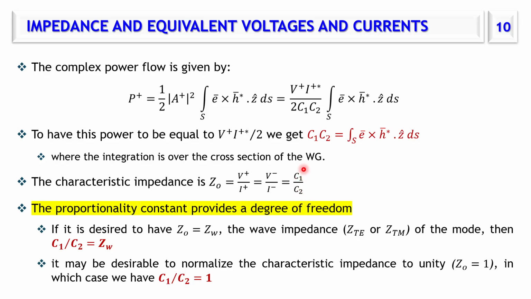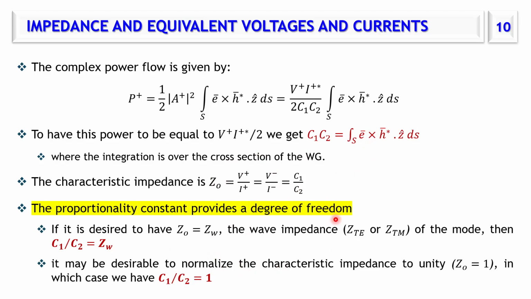We can choose C1 over C2 to equal Z naught, or Z wave, or 1. So, as I said, we have one degree of freedom here that we can use to choose C1 and C2.